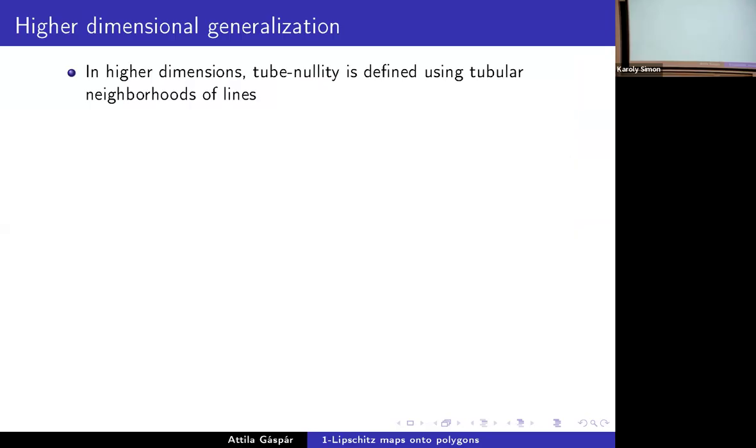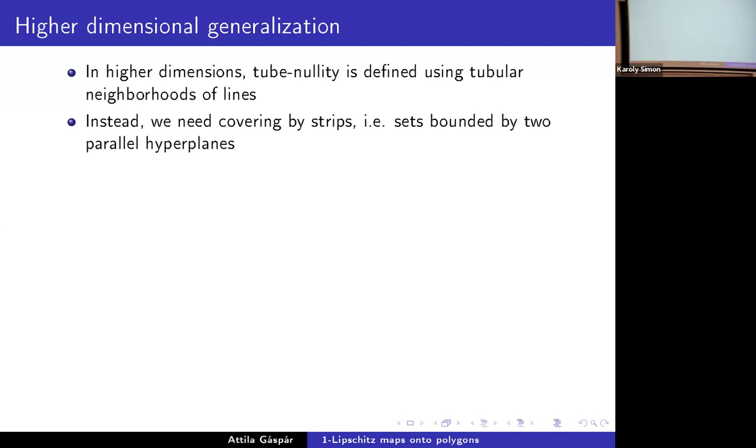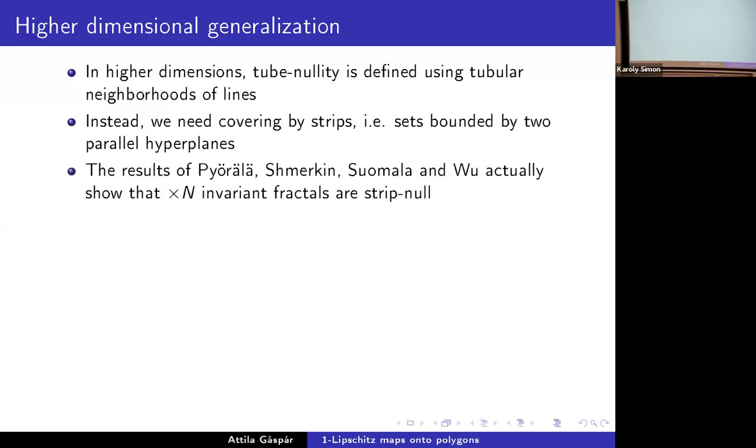But for the proof, we need coverings by strips. By strip, I mean a set between two parallel hyperplanes. Fortunately, what Füredi, Schmerkin, Sommer, and Wu actually showed is that these self-similar and invariant fractals are strip null. By strip null, I mean that it can be covered by strips of arbitrarily small total width.